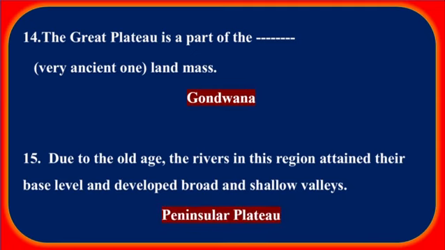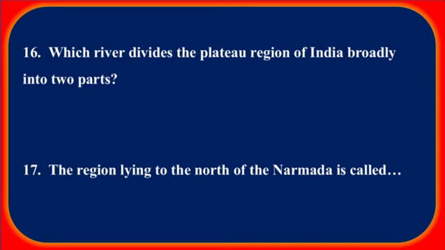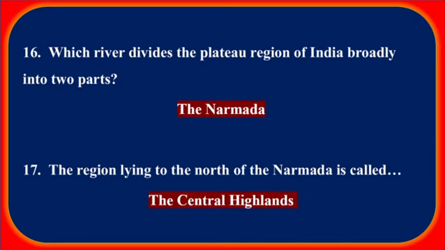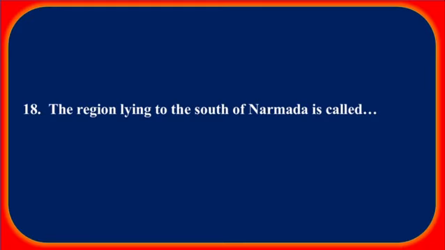Which river divides the plateau region of India broadly into two parts? The Narmada. The region lying to the north of the Narmada is called the Central Highlands, and the region to the south is called the Deccan Plateau.